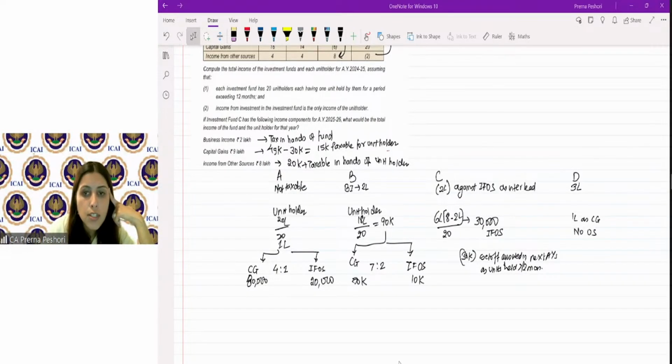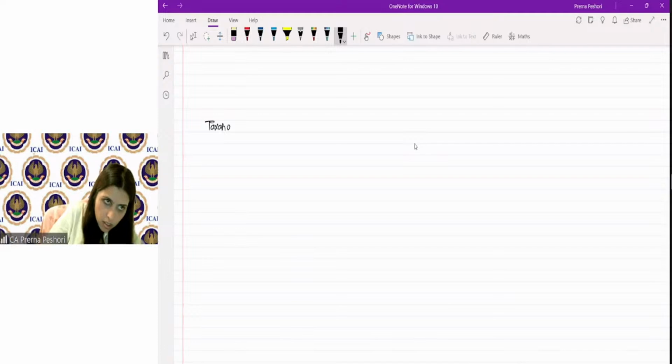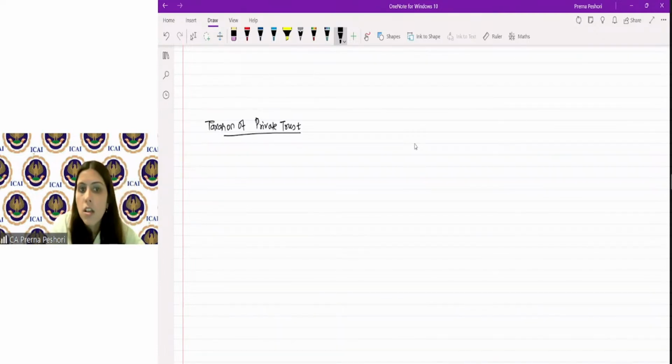Okay. Now in case of the private trust, which is there, the private trust can be of 2 types. Just write down taxation of private trust.